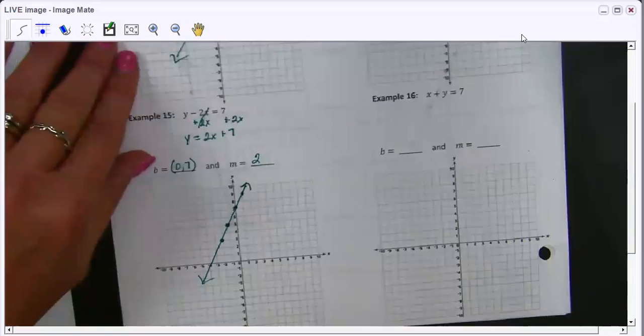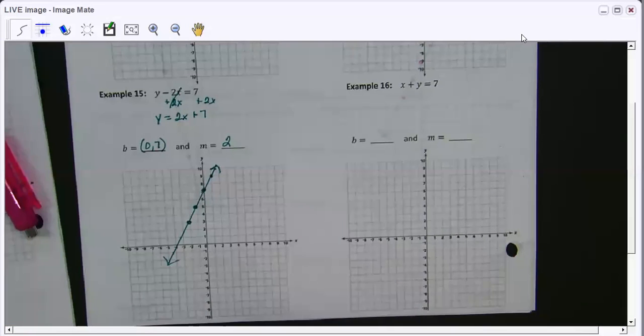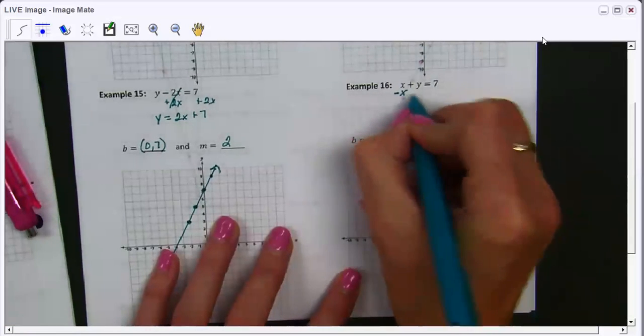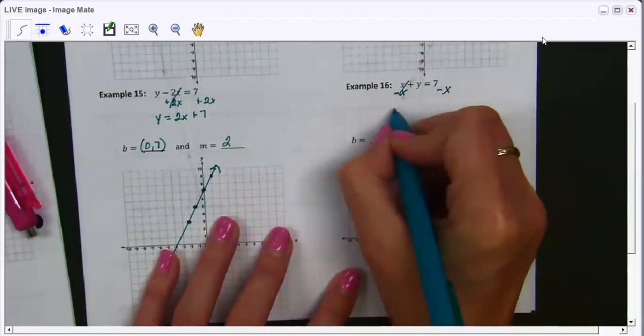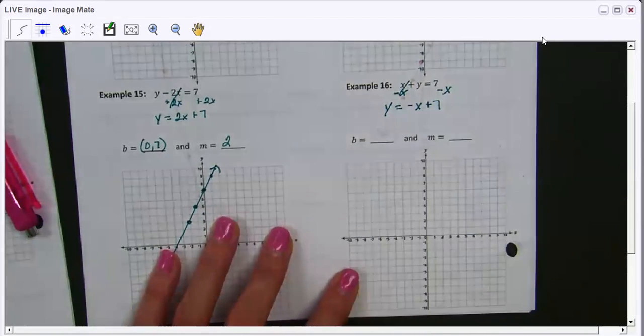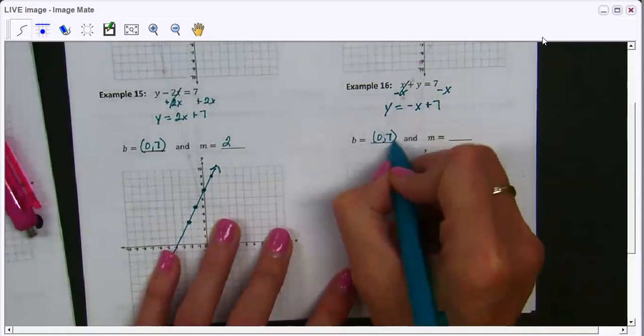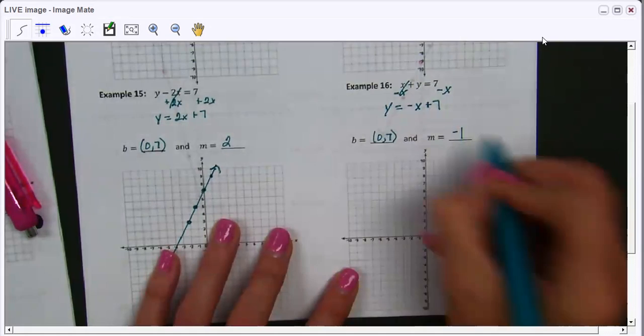And the next one is kind of the same way. Let me give you another minute. I'm going to subtract x. I get y equals negative x plus 7. That's it. So my y-intercept is 7 and my slope is negative 1.